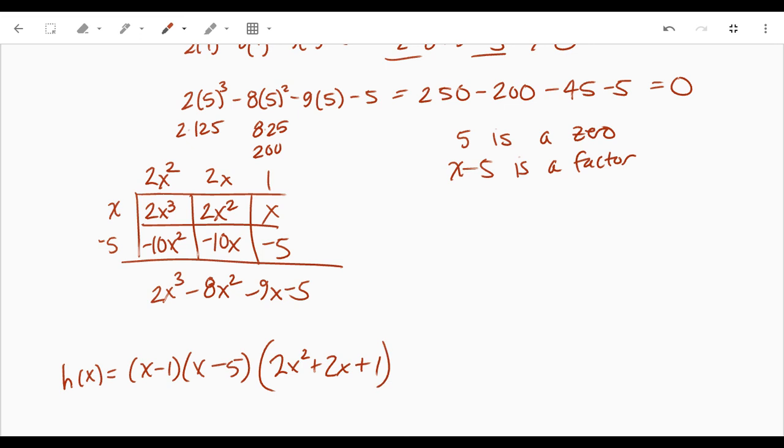Okay, so I found 2 of my zeros, so the 2 remaining ones must be my complex. Okay, so I'm going to do the quadratic formula. A equals 2, B equals 2, and C equals 1.